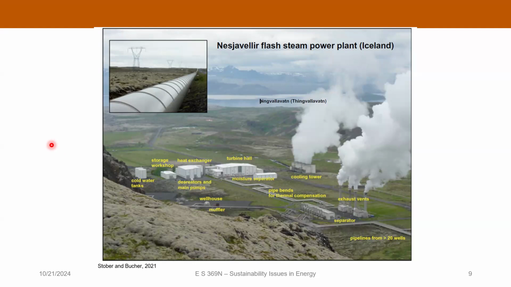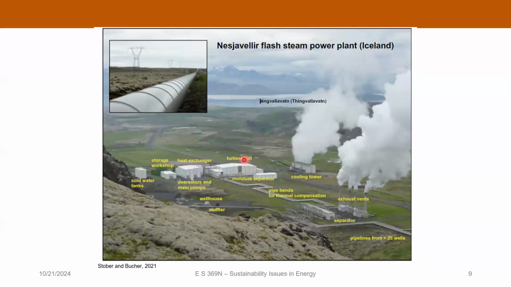Here is a good illustration of a flash steam power plant. This is in Iceland. And there's a bunch of stuff in here, but the important things are, here's the actual well, so it's right there. And they've got a pipeline, and then there's additional gathering pipelines that come in here to the separator. And this is the separator where you're separating off the water from the gas.